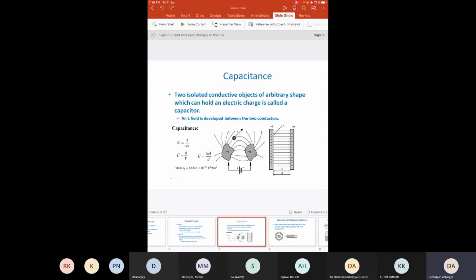So you have three parameters, and by changing them you can change the capacitance of a capacitor. Therefore this can be used to measure different types of displacement, maybe level, and different kinds of physical parameters.